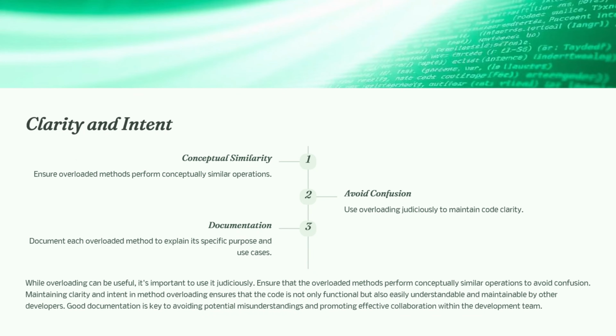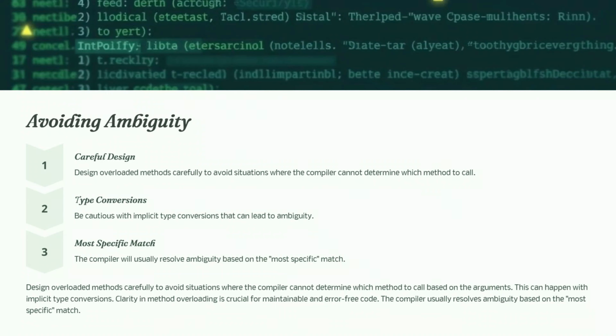Second, it avoids confusion, so your code is maintained with clarity. Also, in documentation you can explain the purpose and the use case, so you give clarity to the user who is going to call and use it.